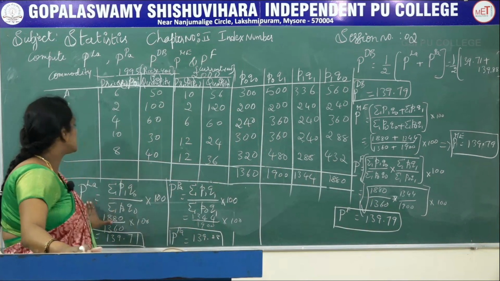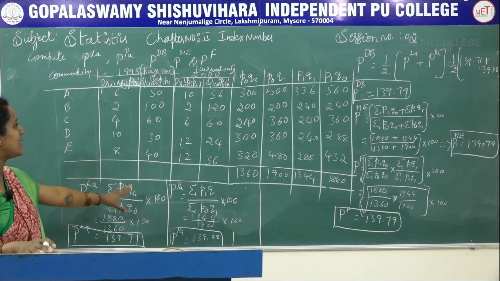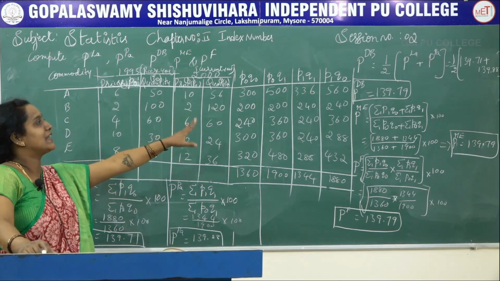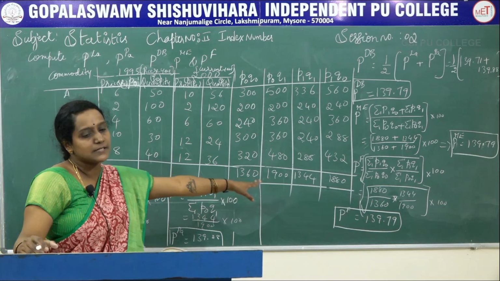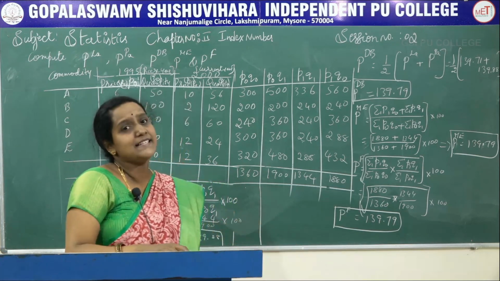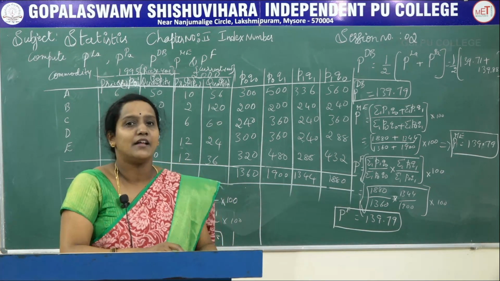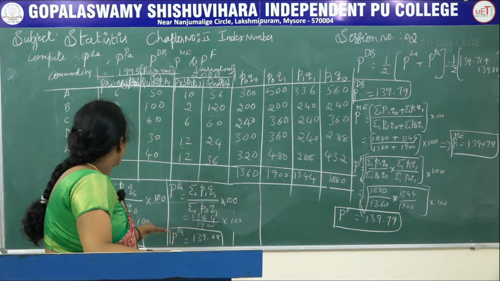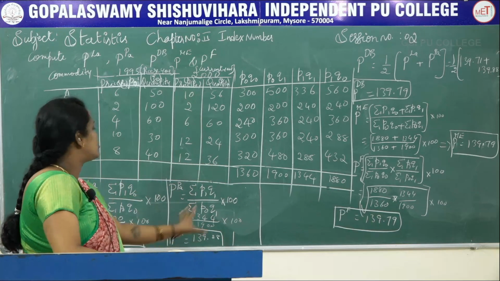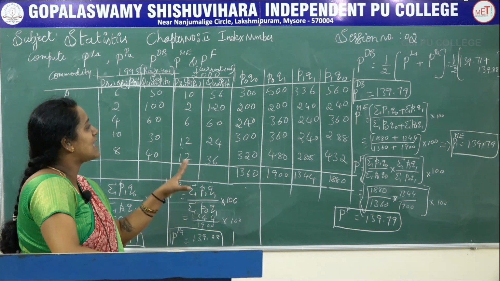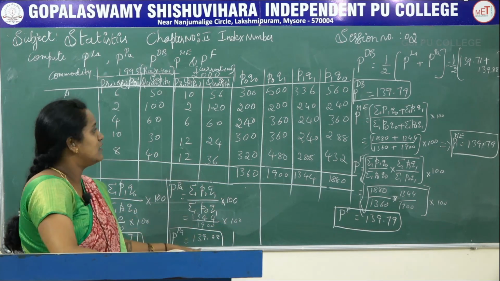So using these two formulas, Laspeyres and Paasche, we can calculate Dorbish-Bowley, Marshall-Edgeworth as well as Fisher's price index numbers, and we can conclude that all the five methods of index numbers have almost the same index, that is 139.